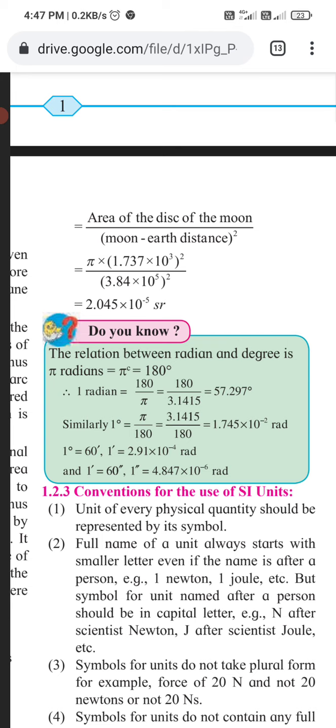The full name of a unit always starts with a small letter, even if the unit is named after a person, for example 1 newton, 1 joule, etc. But the symbol for a unit named after a person should be a capital letter, that is newton, N, capital N, and joule, J. Symbols for units do not take plural forms, for example a force of 20 N, not 20 Ns.